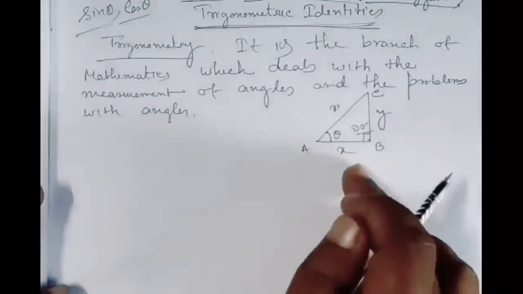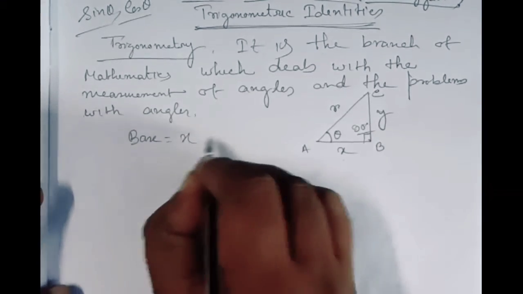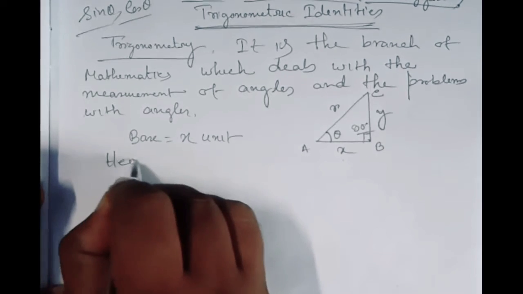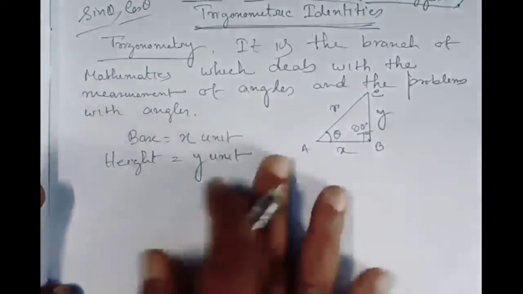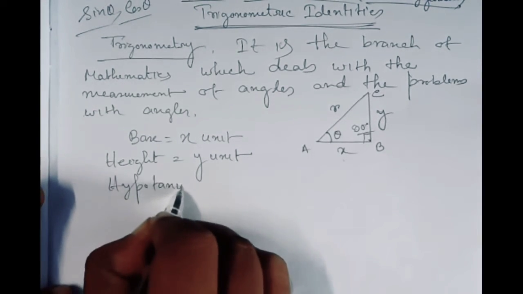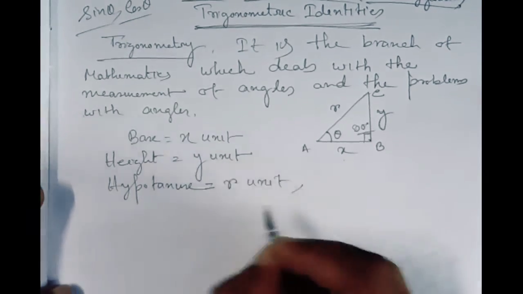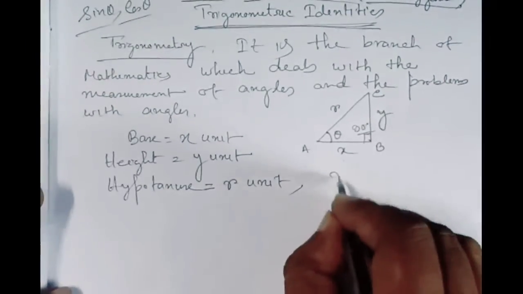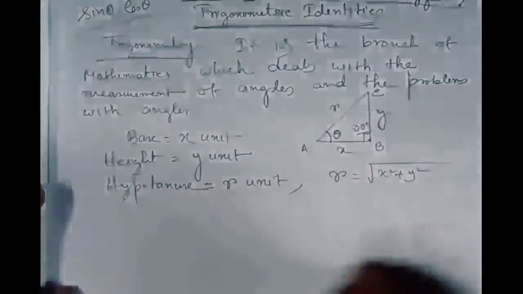Base is x unit, height is y unit, and hypotenuse is r unit. And obviously for a right angle triangle, applying the Pythagoras theorem, r equals positive square root of x square plus y square.